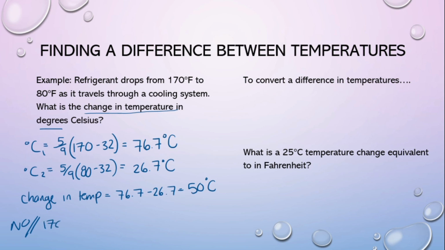So if I went 170 minus 80 equals 90 degrees, and that's in Fahrenheit, and then tried to convert a change to a point, basically, which you can't do, and used it in the formula just to show it doesn't work, you would get 34.4 degrees Celsius, which is not right. Let's give that a big red X and a lot of highlights on that no.